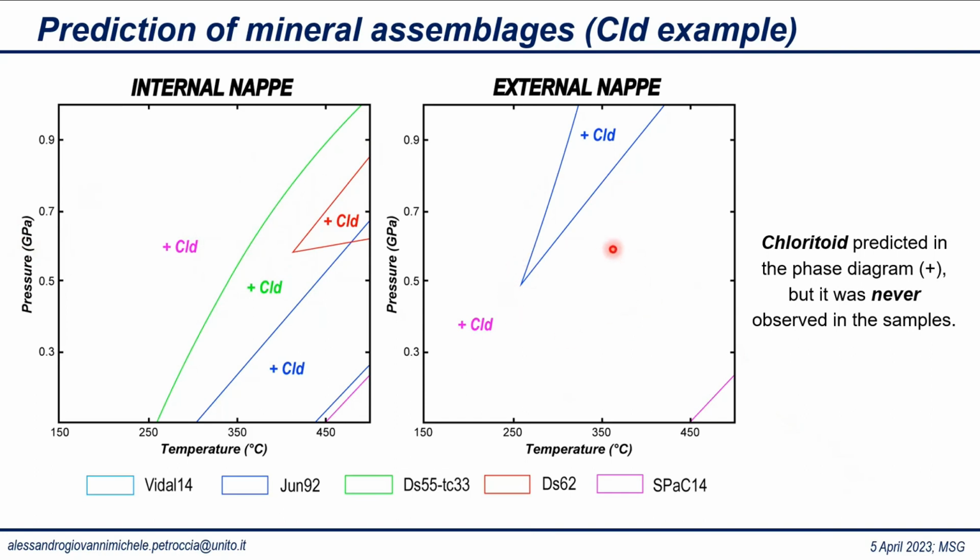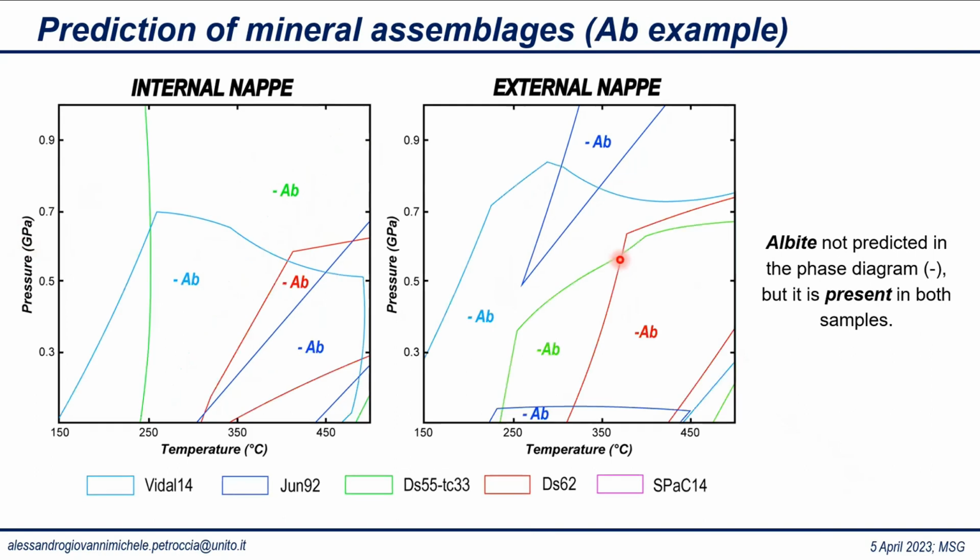About the external nappes, only June 92 and SPaRC predict chloritoid, so it's pretty good. But when we talk about albite, which is present in both samples, we have a big problem, because all databases mostly predict lack of albite, but we have albite inside. So here we have a problem with the prediction of albite, and it's representative of all databases.